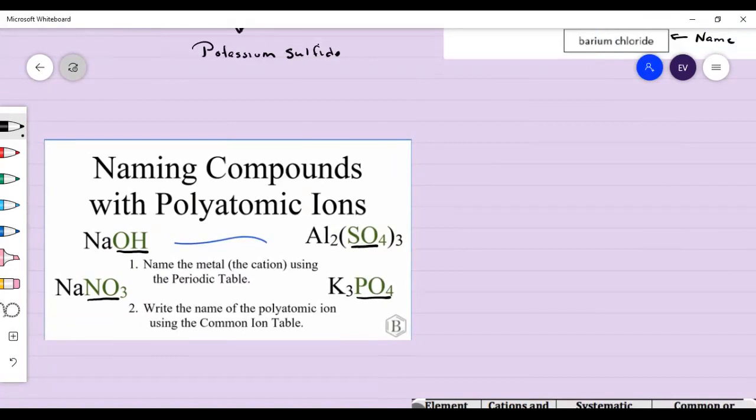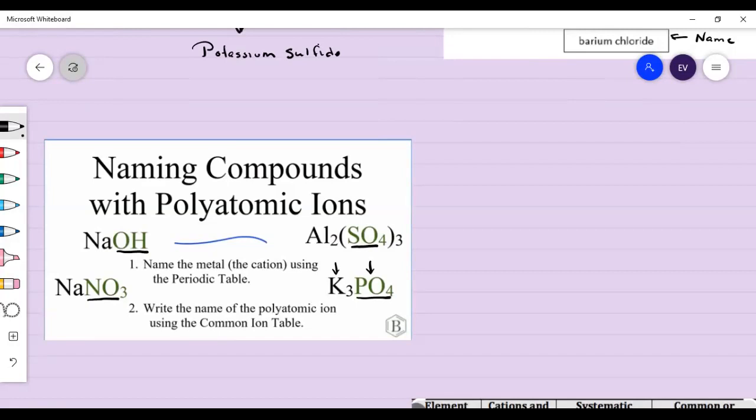Both of these elements in the polyatomic ion are non-metals, but because of the way they're set up, they do carry an ionic charge. Because they carry an ionic charge, they form ionic compounds. So think of this as your non-metal, and this is your metal. Even though there's more than one atom, just think of it as a single element because that's going to make your lives way easier.